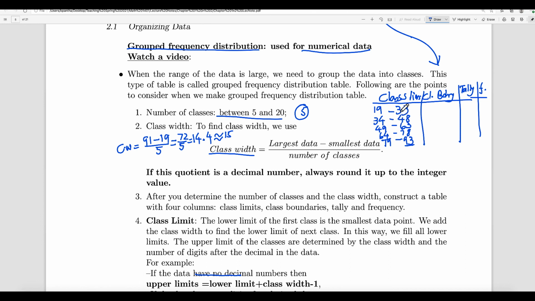But how about 33.5 or 33.6? Those types of data do not fall in the first or second class. So there is a gap between the classes. The class limit has a gap between the classes, so to fulfill that gap, we write the class boundary. That's what I wrote here. The class boundary is very easy to find out.